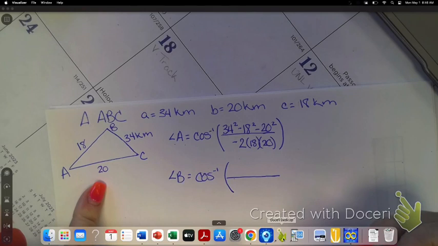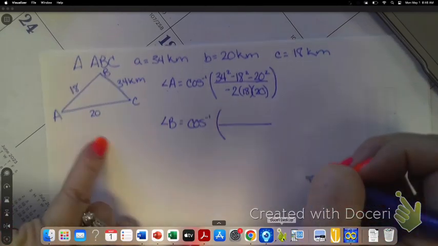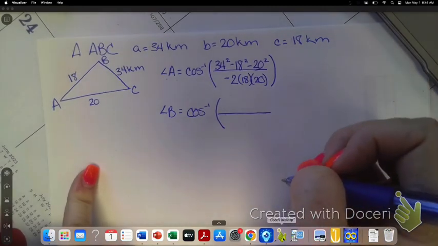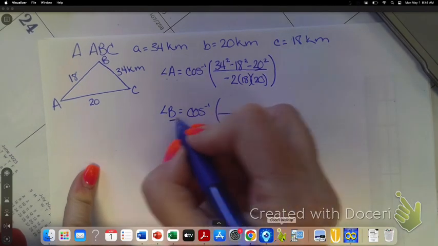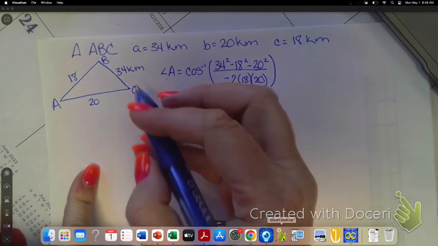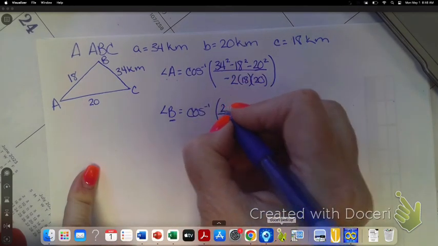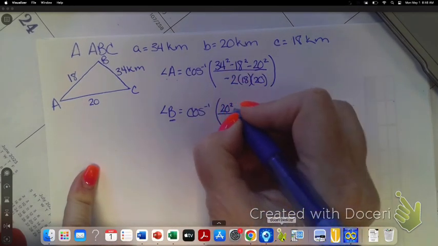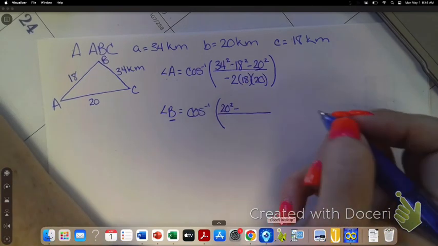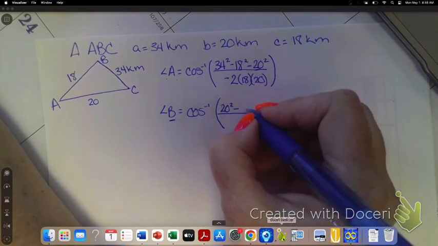Matthew, what comes first for angle B? Squared. For B, 20 squared. Then what? Minus 34 squared.